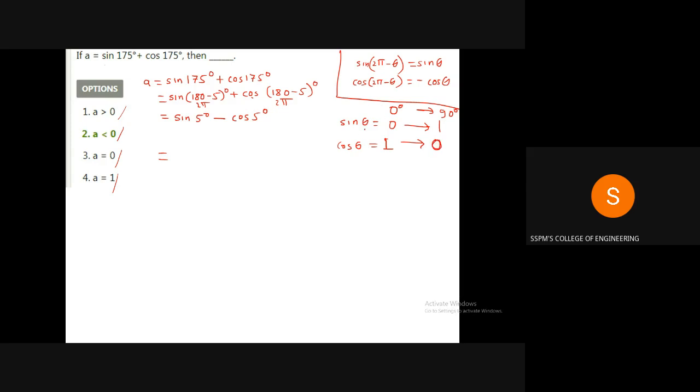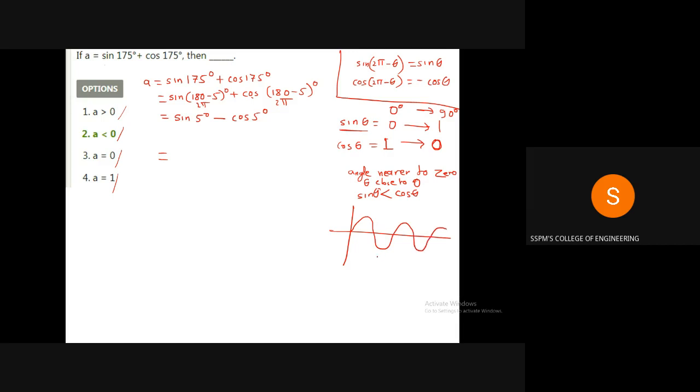So for an angle nearer to 0, the value of sine is less than the value of cos. For theta close to 0, sine theta is always less than cos theta. You might remember these two values.